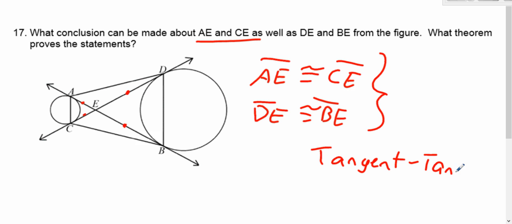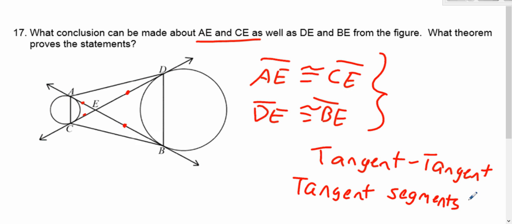You call it tangent-tangent. You can just say tangent segments are congruent. Something along those lines, either by saying tangent-tangent or tangent segments are congruent.